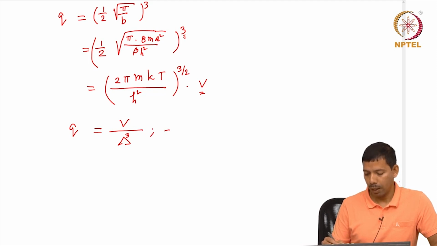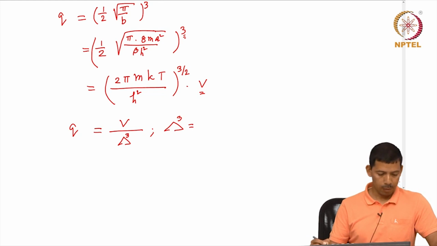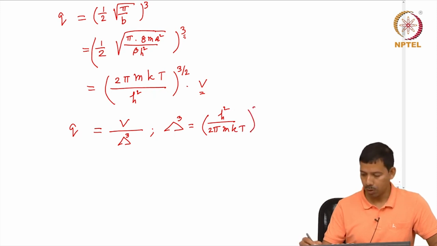where lambda cube is h square divided by 2 pi m kT to the power 3 by 2.